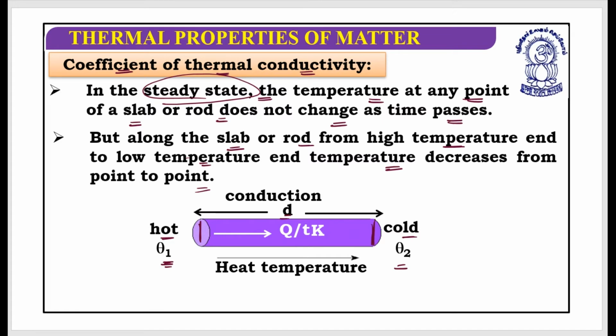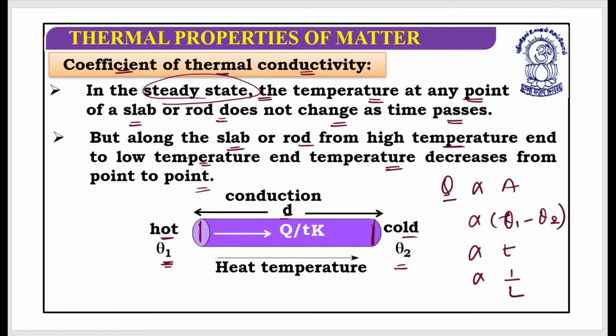The length of the conductor is D, and suppose a certain amount of energy is being passed from one end to another. This depends on certain factors: the cross-sectional area, the temperature difference theta 1 minus theta 2, the time t, and it is inversely proportional to the length.